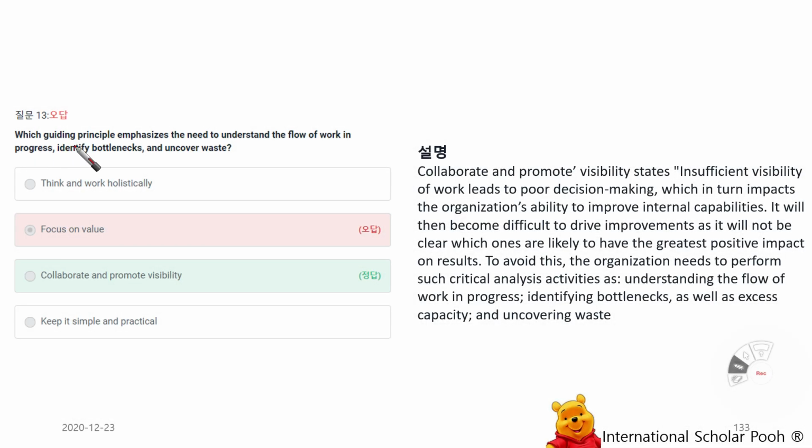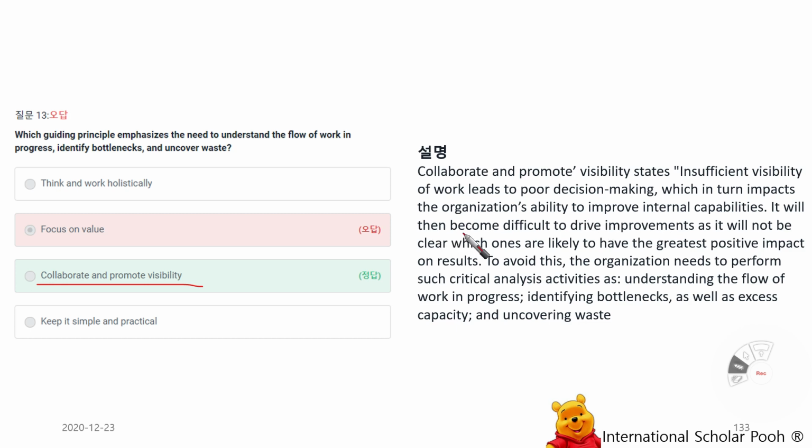Which guiding principle emphasizes the need to understand the flow of work in progress, identify bottlenecks, and uncover waste? Collaborate and promote visibility. Insufficient visibility of work leads to poor decision making, which in turn impacts the organization's ability to improve internal capabilities.